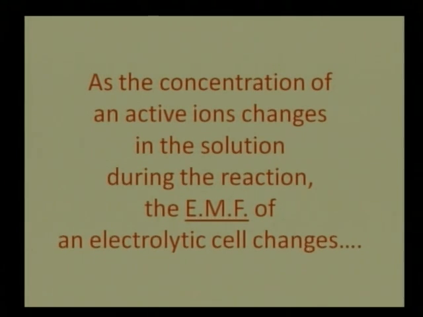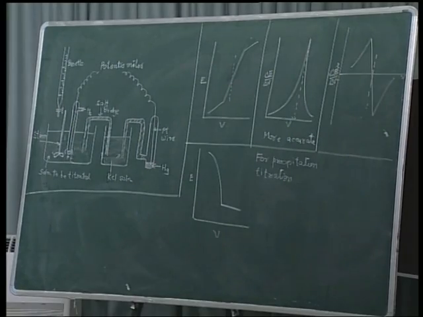As the concentration of active ions changes in the solution during the reaction, the EMF of an electrolytic cell changes. As we see on the board, a potentiometer is drawn. In this potentiometric instrument, for a titrimetric analysis, we have a hydrogen electrode as an indicator electrode and a reference electrode known as a calomel electrode, where Hg is written.